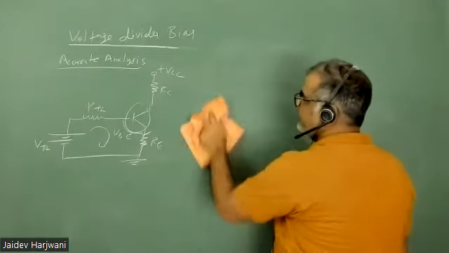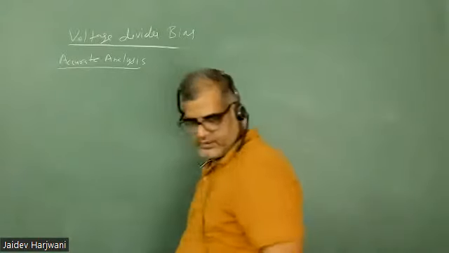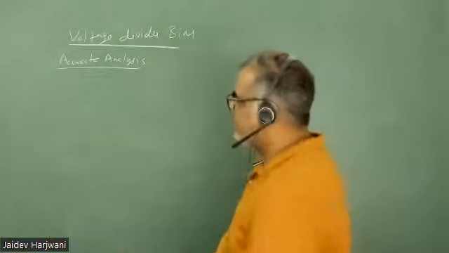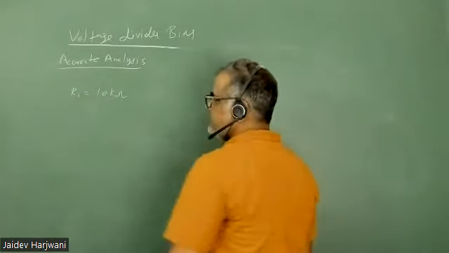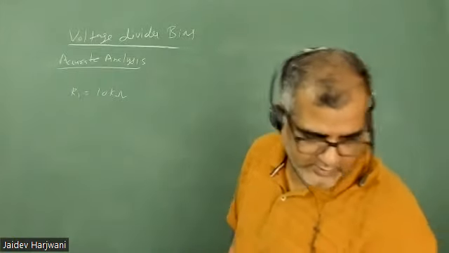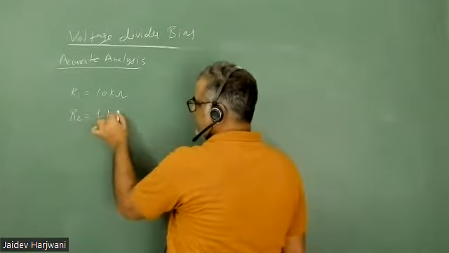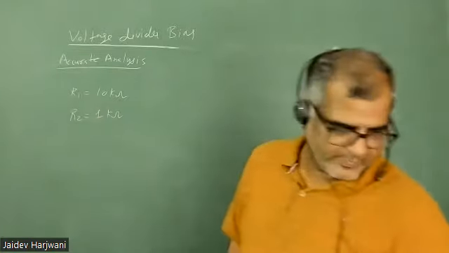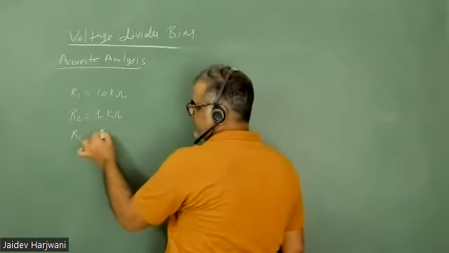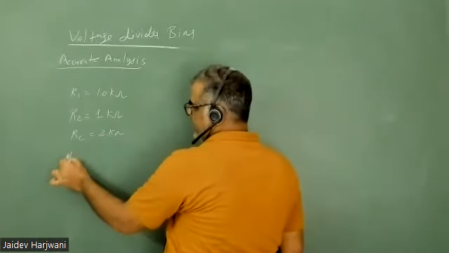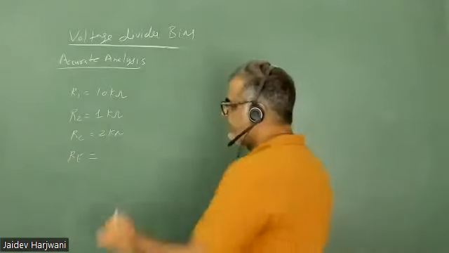Now you have been given a voltage divider circuit. In this voltage divider circuit you have been given R1 equals 10 kilo ohm, R2 equals 1 kilo ohm, RC equals 2 kilo ohm, and RE is given as 200 ohm.